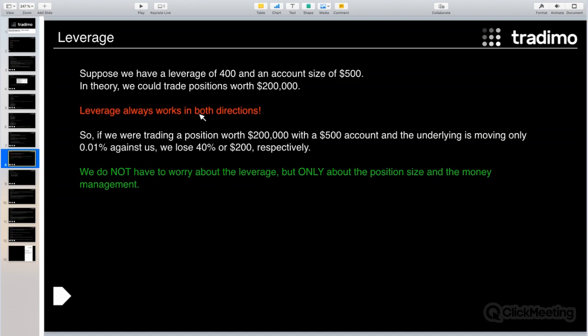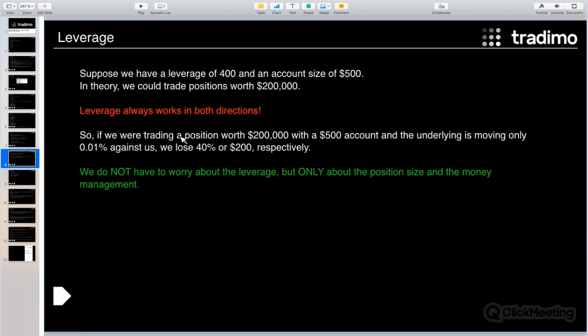So of course you can make money very quickly, but you can lose a lot of money in a very short period of time as well. If you are trading a position worth $200,000 with a $500 account, and the underlying is moving only 0.01%, a very tiny move in the market against us, we lose 40%, or $200.